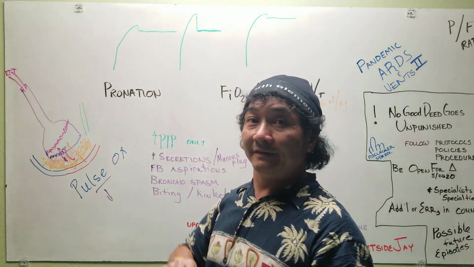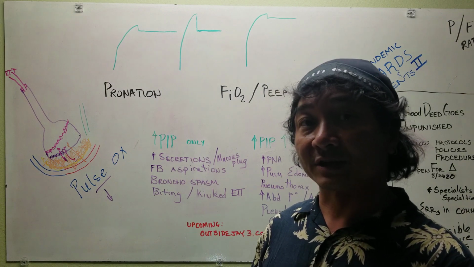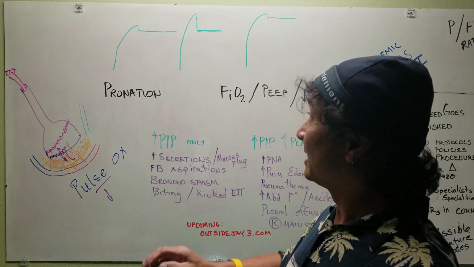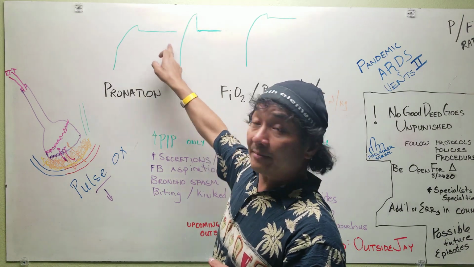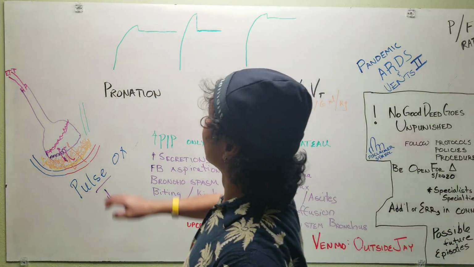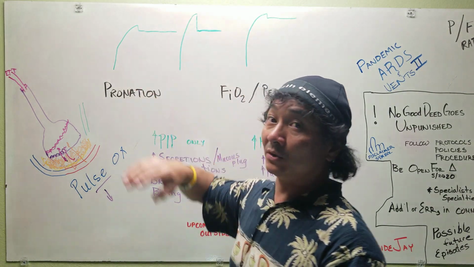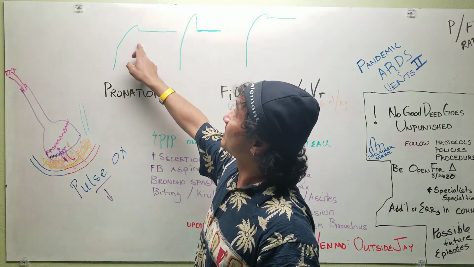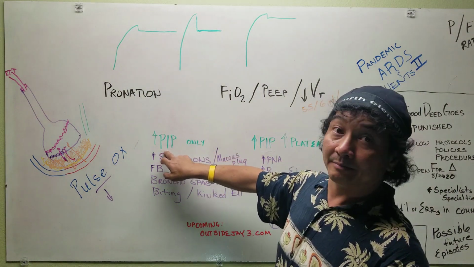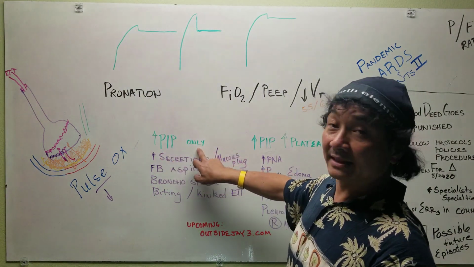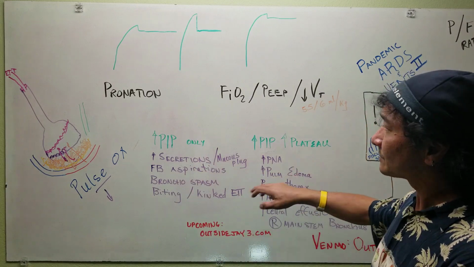But after I finish pumping and I want to check the tire pressure, I will get a plateau pressure. So the peak pressure and the plateau pressure. Peak inspiratory pressure, PIP, and then the plateau pressure.